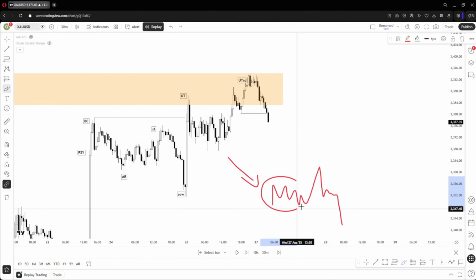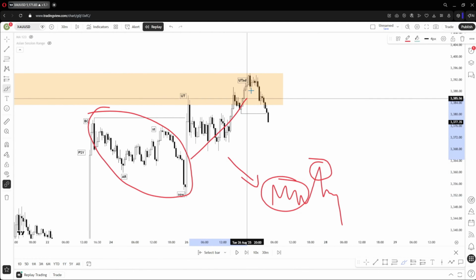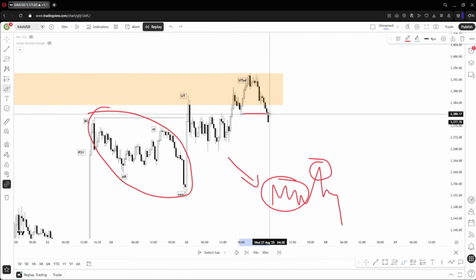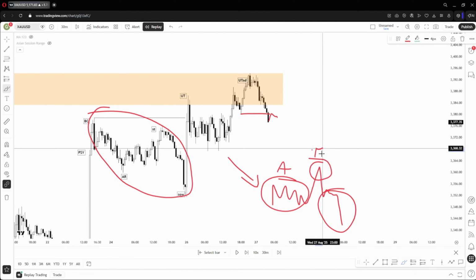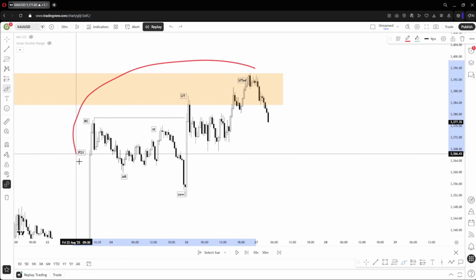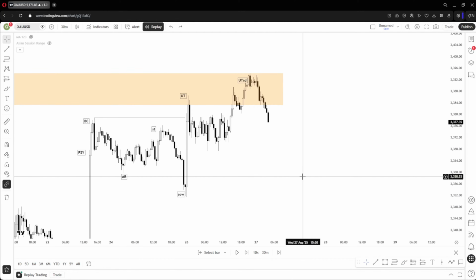So this will be the accumulation, which is this whole movement. The manipulation is this upthrust after distribution, and this market shift is basically the distribution on an AMD cycle. So people who use accumulation, manipulation, distribution are basically using Wyckoff because it's the same exact thing.